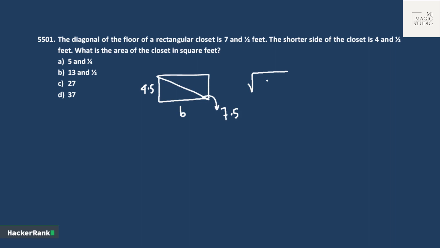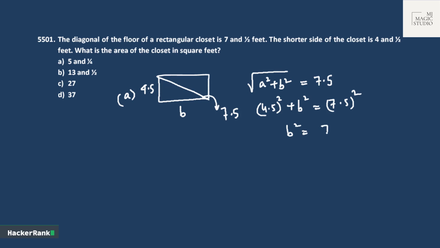Then the diagonal is given by root over a square plus b square, if this is a, and that equals 7.5. That means 4.5 whole square plus b square is 7.5 whole square. So b square is 7.5 whole square minus 4.5 whole square.